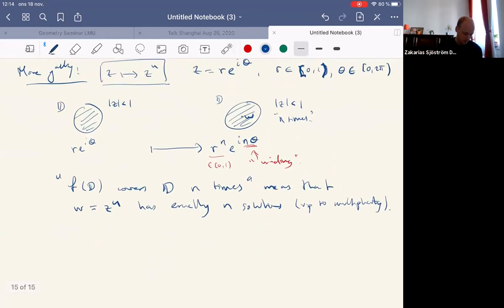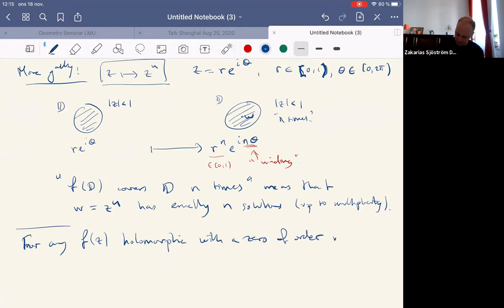And so in general, for any f of z holomorphic with a zero of some order n at the point z0, we can decompose it in a way that makes it look quite similar to this z goes to z^n. It's this decomposition that we have seen countless times.